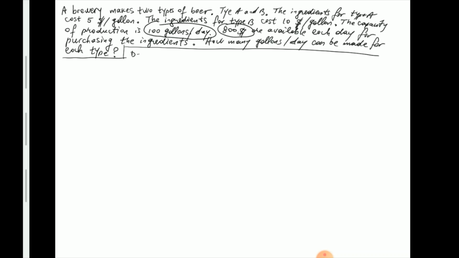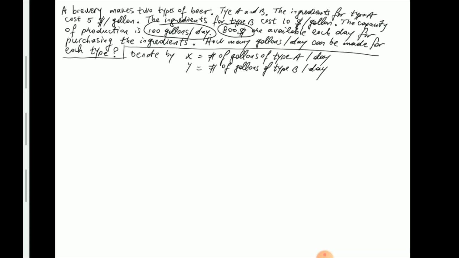So let's denote by X the number of gallons of type A per day. So the number of gallons of beer of type A that can be made in a given day. And by Y, the number of gallons of type B per day. All right, so once that's clear, then let's see how we can write the conditions in the problem.